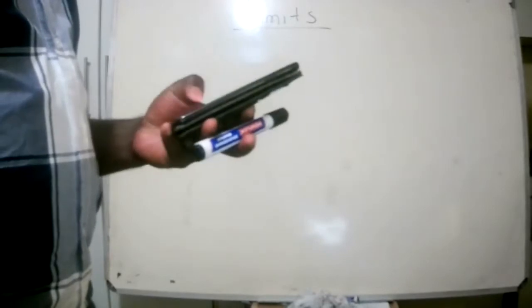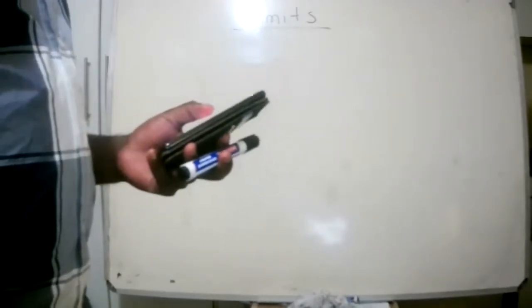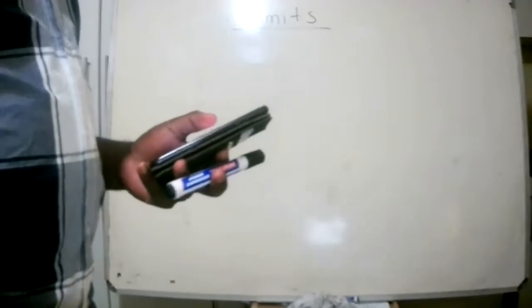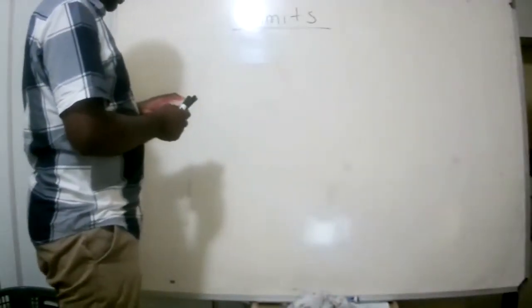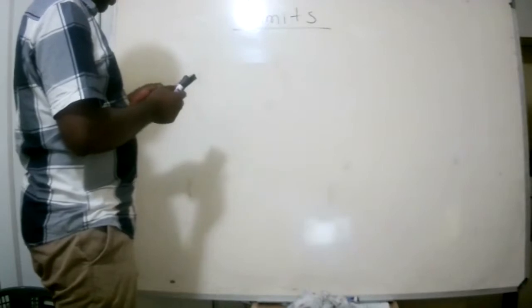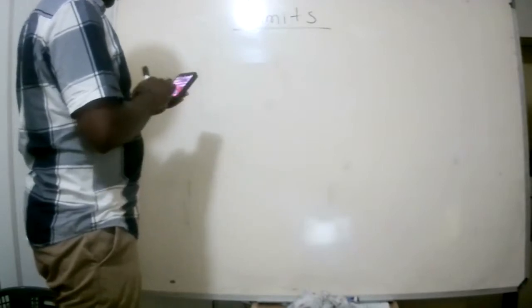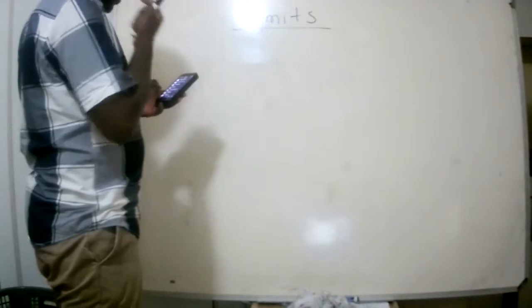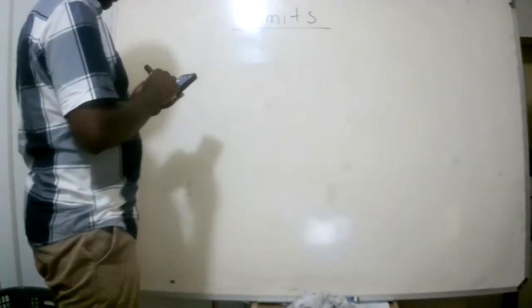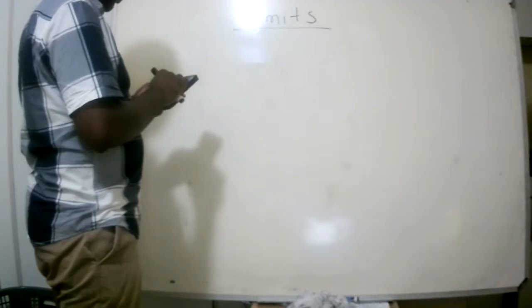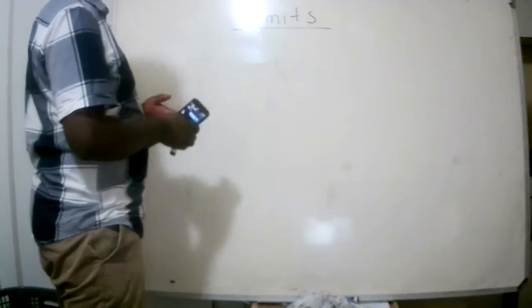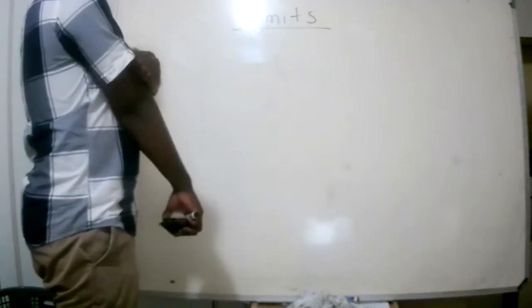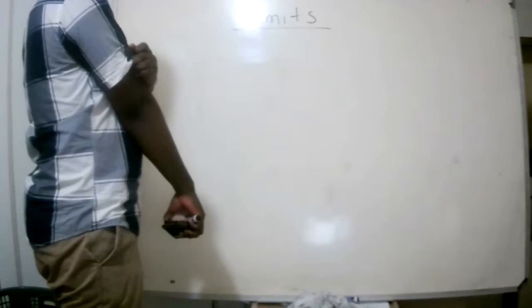As I've said, today we're going to cover a section of limits, another important section of calculus. This section covers limits, some of which we have done already under the method of first principles, so we are just going to extend from that.